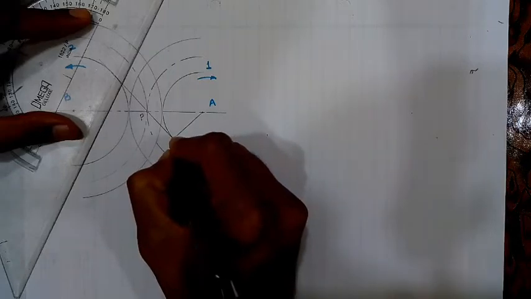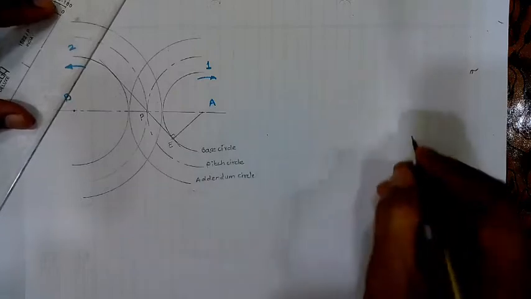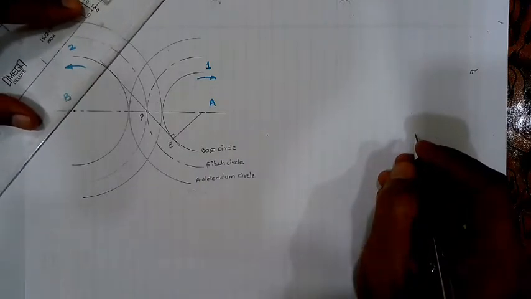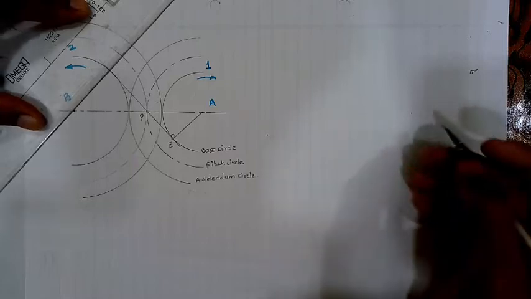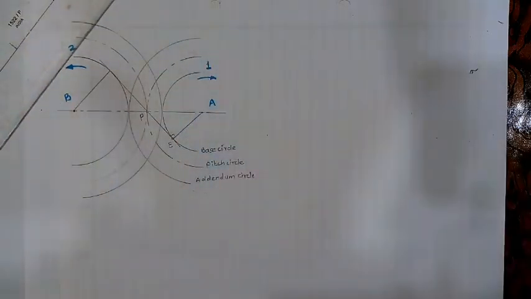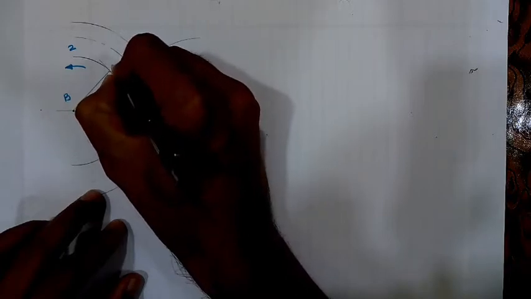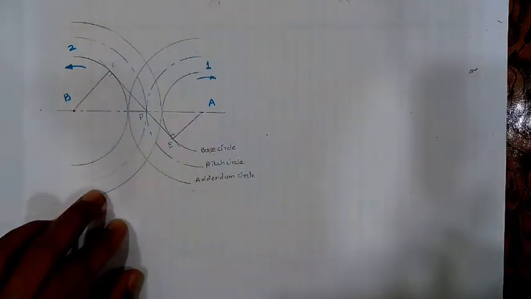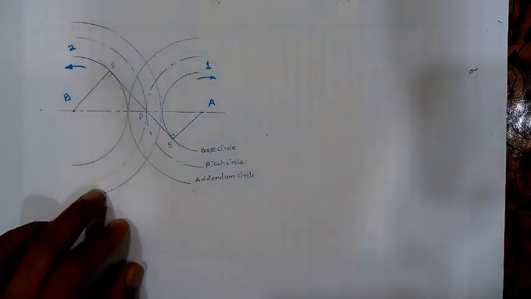So this point is point E. Similarly, draw a line BF perpendicular to the common tangent to the base circle from point B. A and B are the centers of rotation of the pinion and gear. So this point is point F. So BF and AE we have drawn.